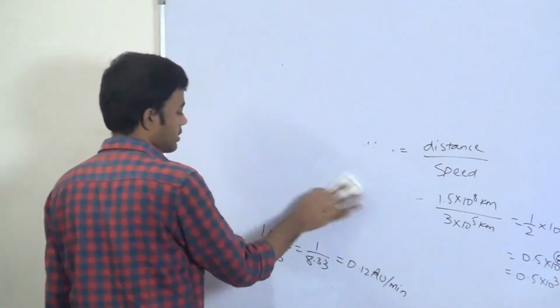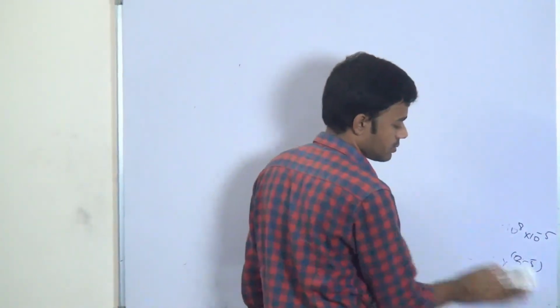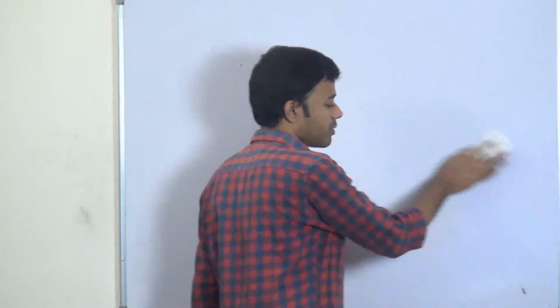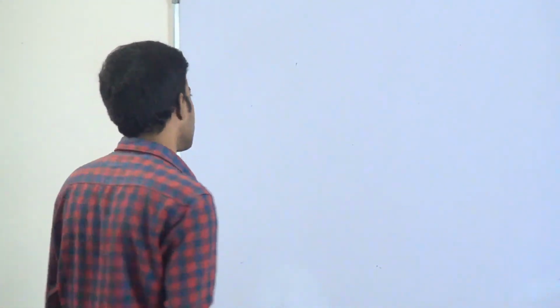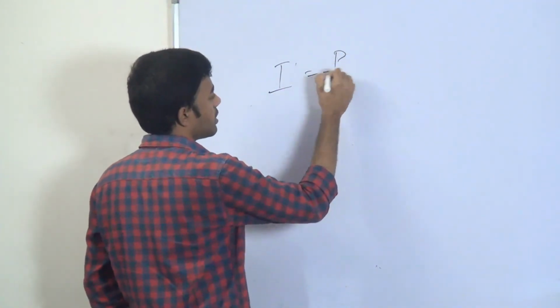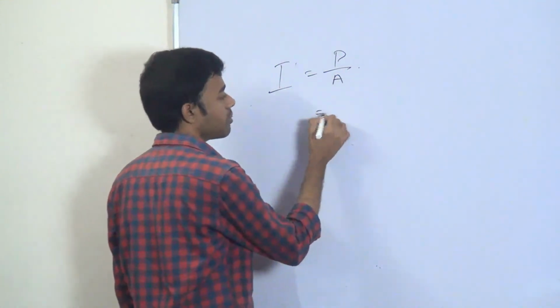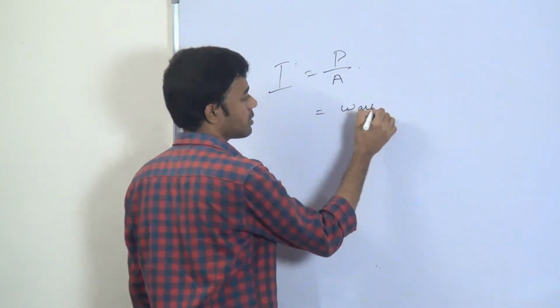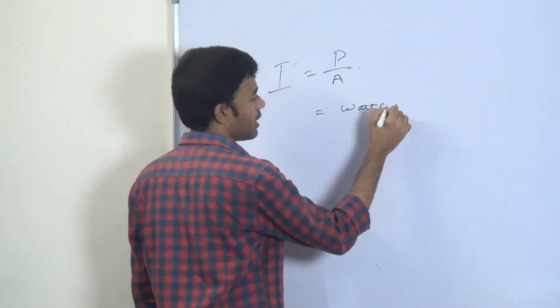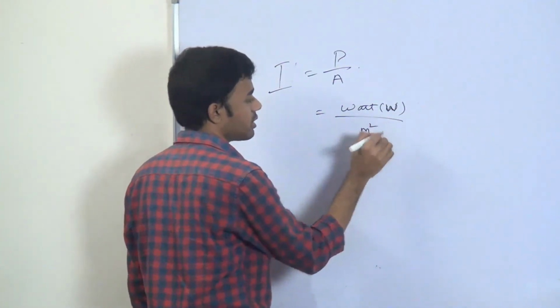The intensity is the power of the light incident per area. So we know that the power is indicated in terms of watts and the area is indicated in terms of meter square, because intensity I equals the power incident on the given area. Power has the units of watts, indicated by capital W, and area unit is meter square.